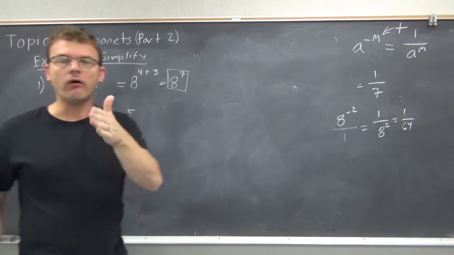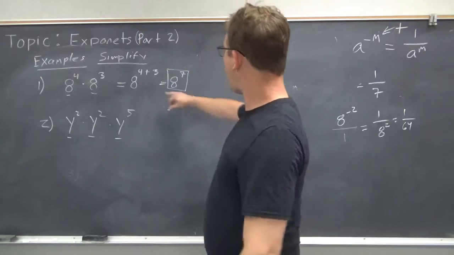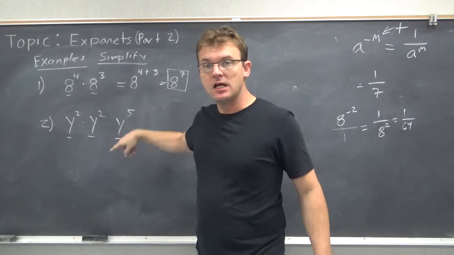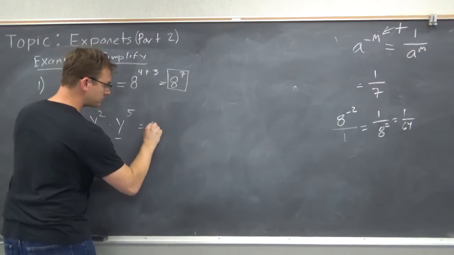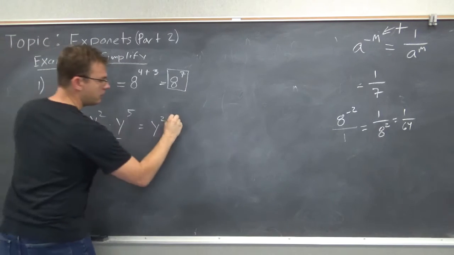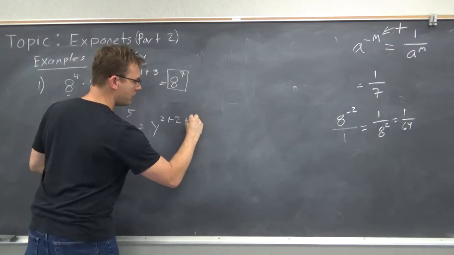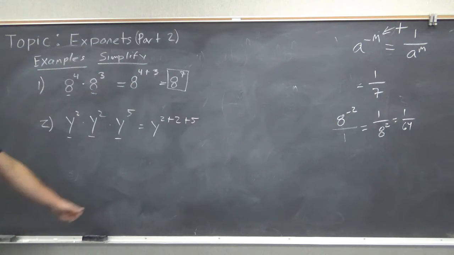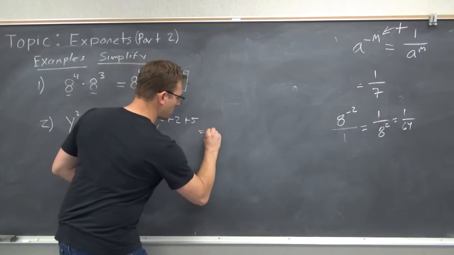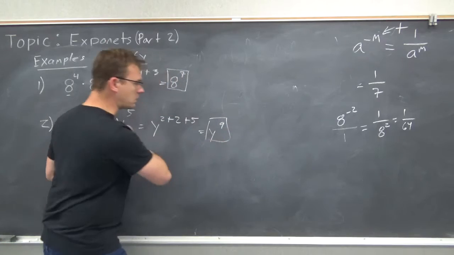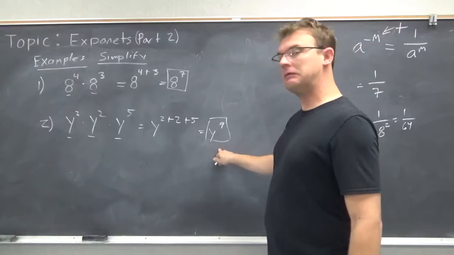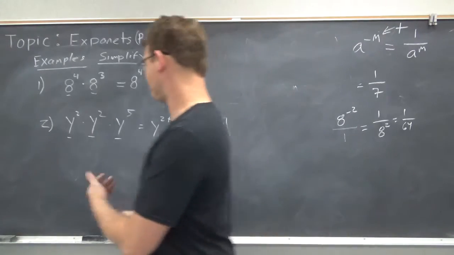So I can write out all those y's, or I can do what I did up here when I have multiplication of the same base. So I'm just going to go y to the 2 plus 2 plus 5. 2 plus 2, 4 plus 5, 9. Now you could write out all those y's, but that's what it comes down to.